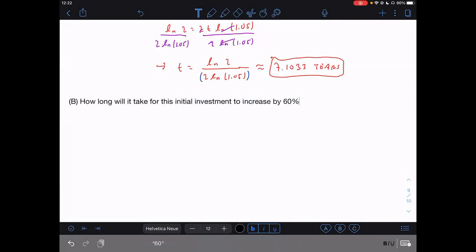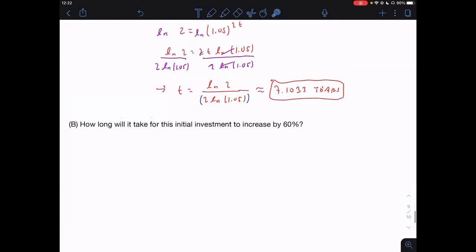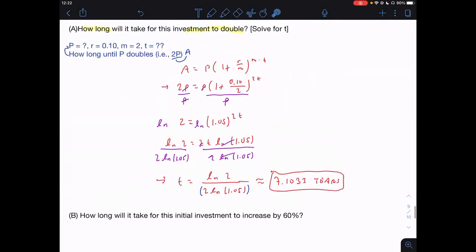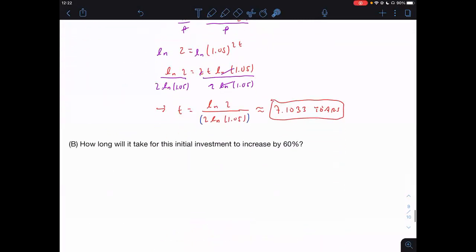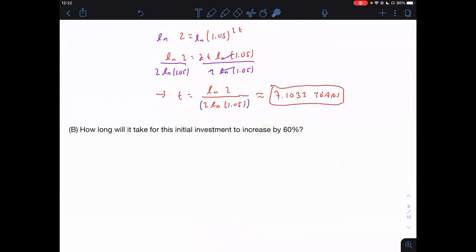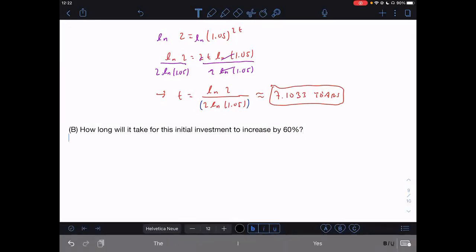All right, so in part A, we figured out how long it's going to take to double. But suppose we want to figure out how long it's going to take for this investment of P here to increase by 60%. Again, we don't know exactly what P is. Our interest rate is still 10%, 0.10.